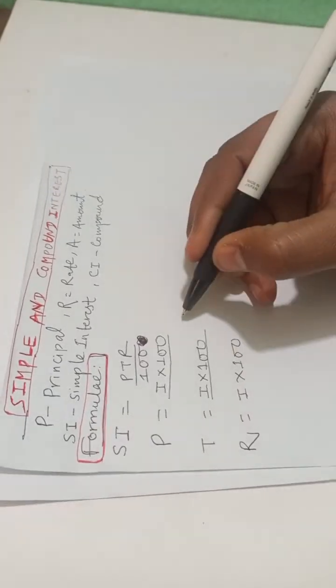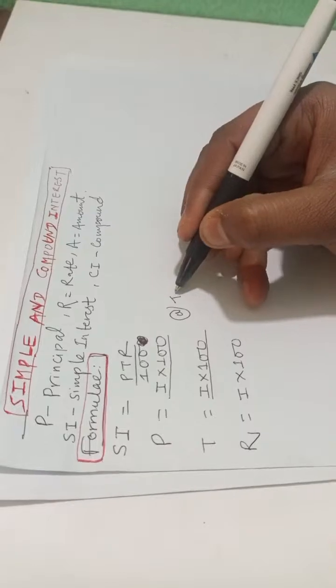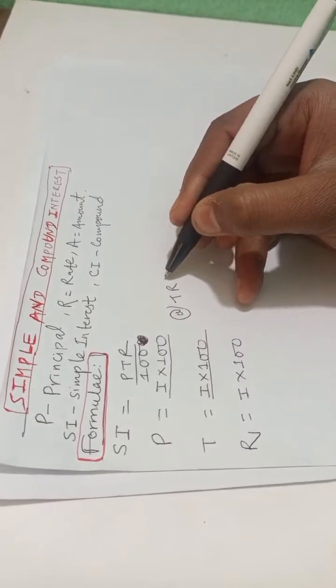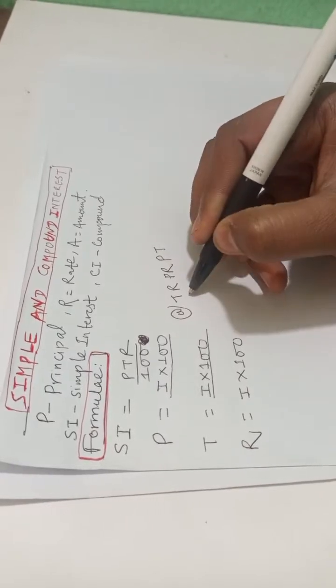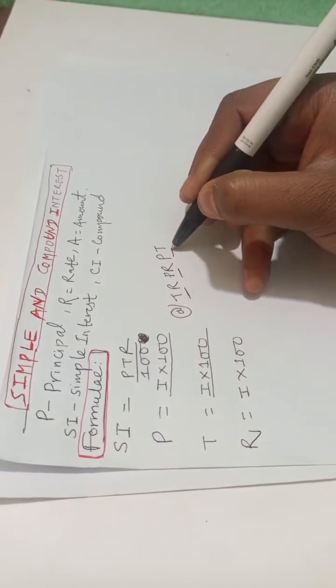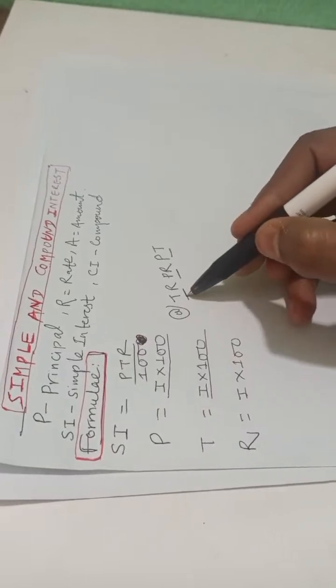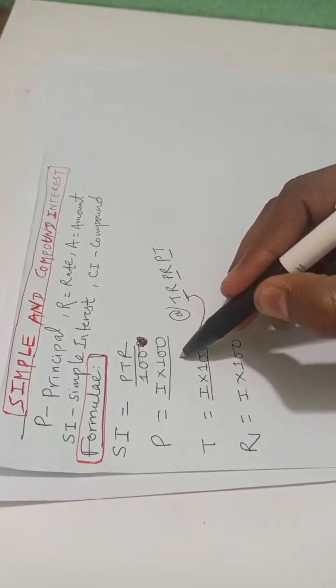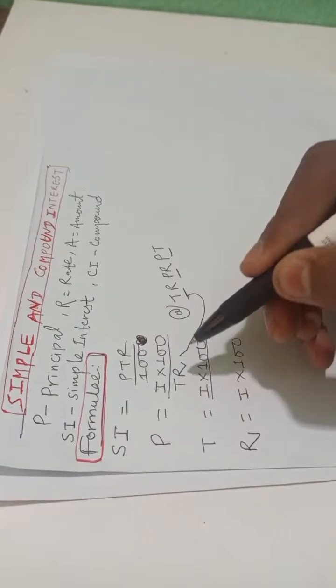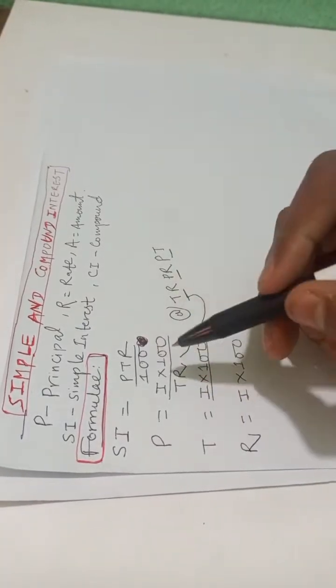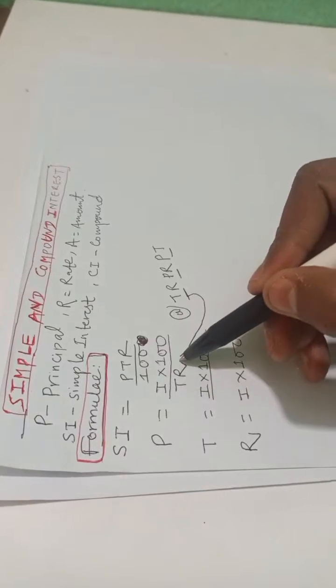We have to apply one trick: TR, PR, and PT. In the case of P, we have to apply TR. Principal is I into 100 by TR.